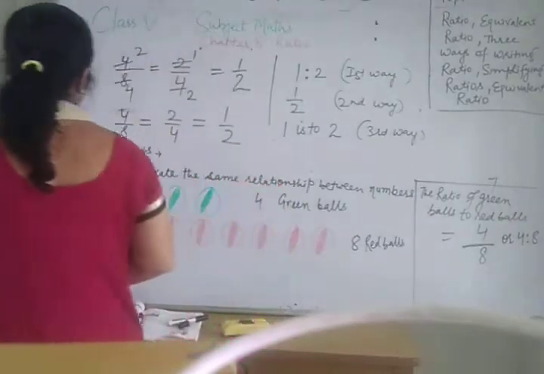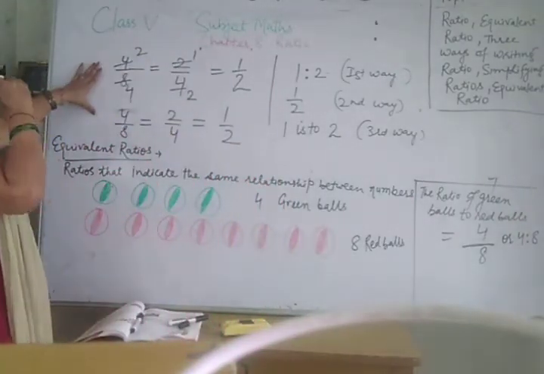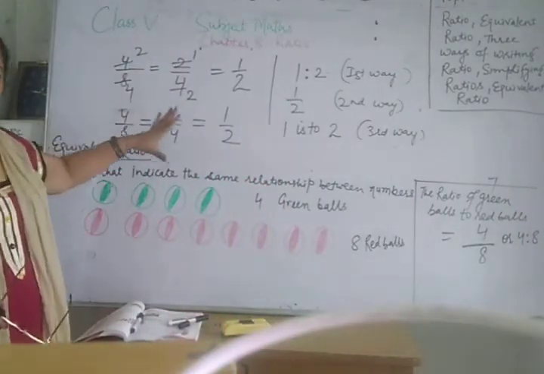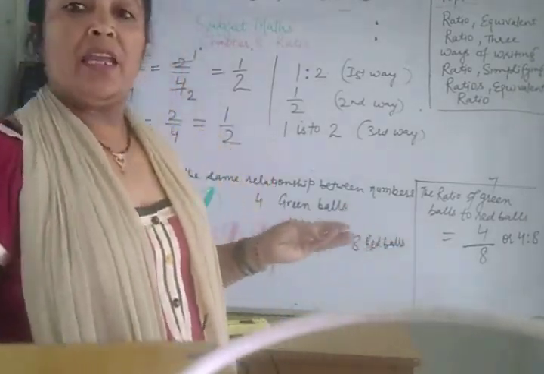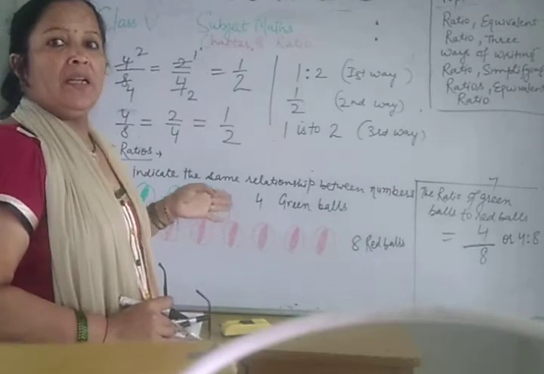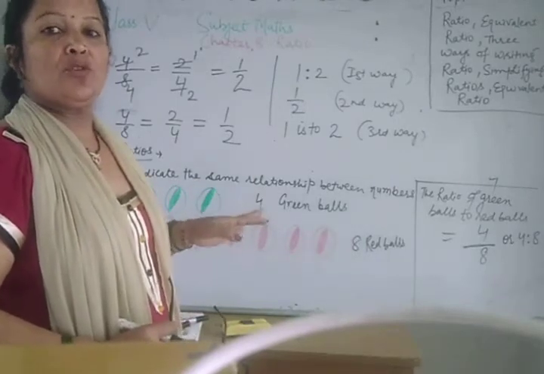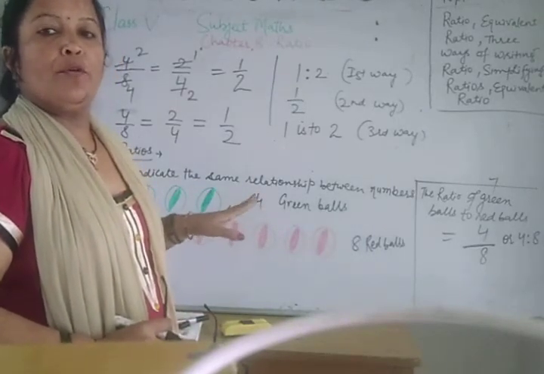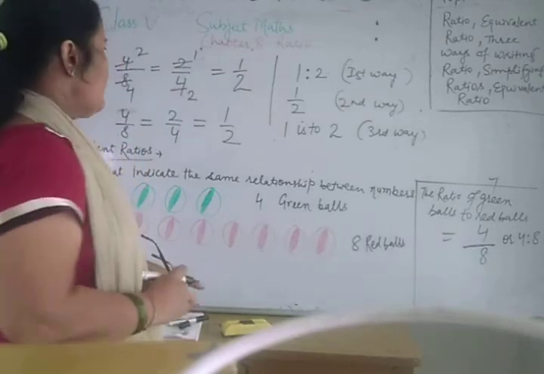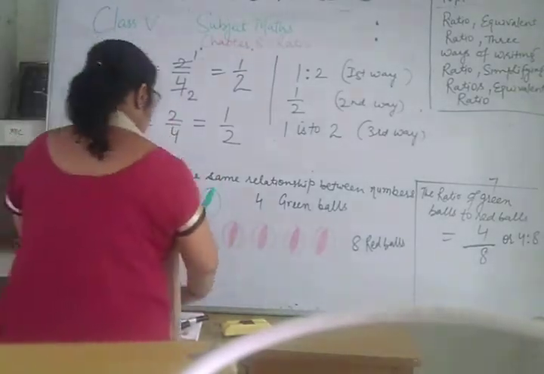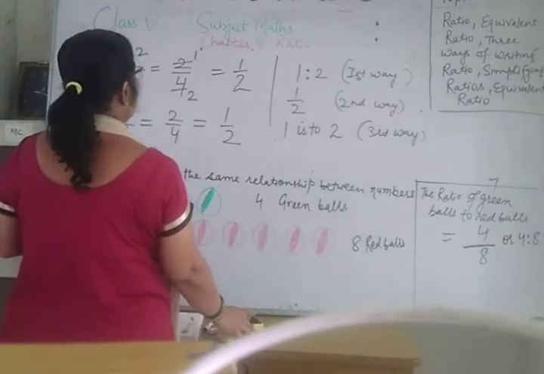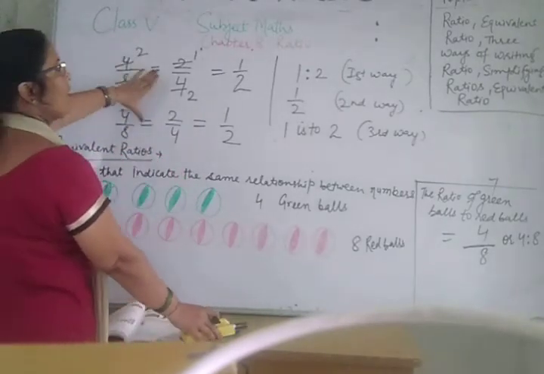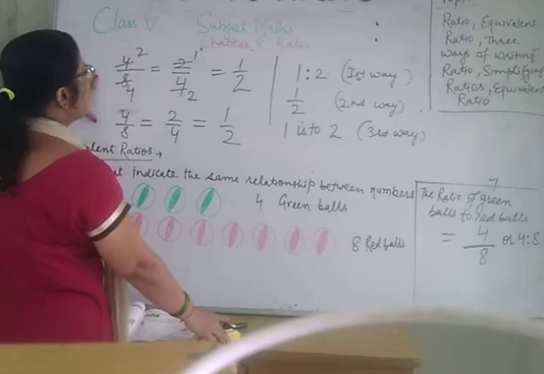And simplifying the ratio means you will divide the given ratio, the numerator and denominator, by the highest common factor of both the numerator and denominator. Let's take one question on how to simplify the given ratio.